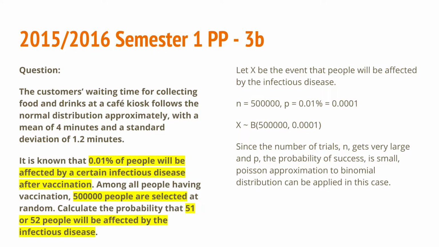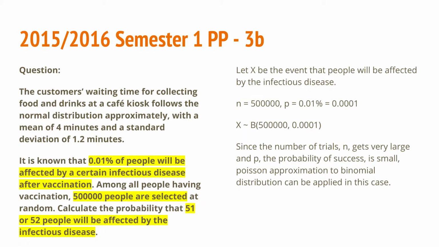By applying the Poisson approximation, lambda equals n times p, which is 500,000 times 0.01%, which is 50. So we can implement the Poisson distribution with the mean of 50.